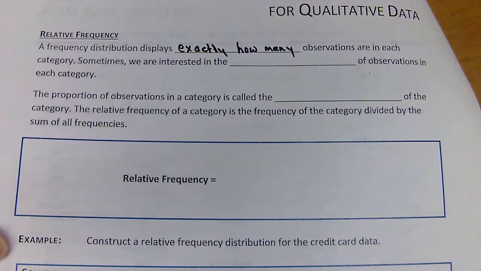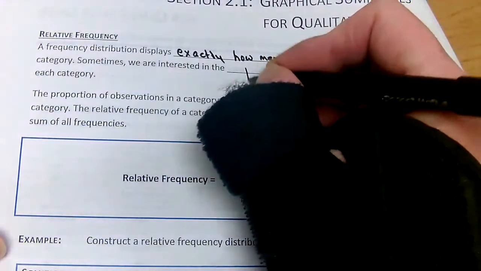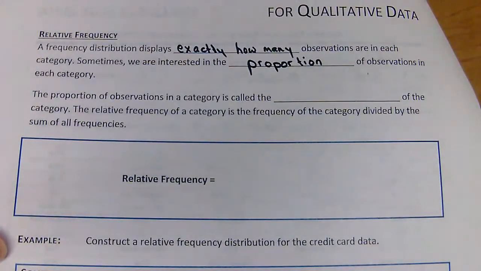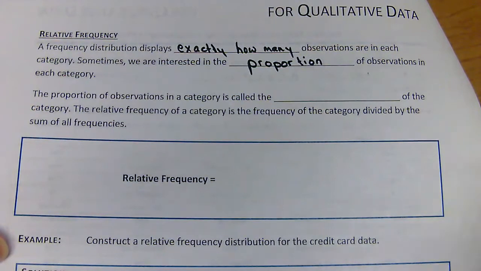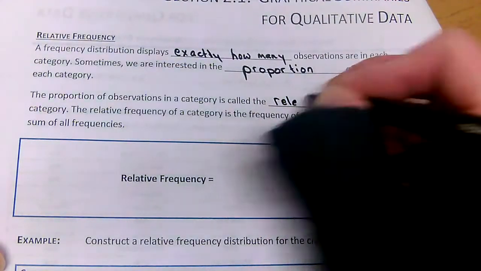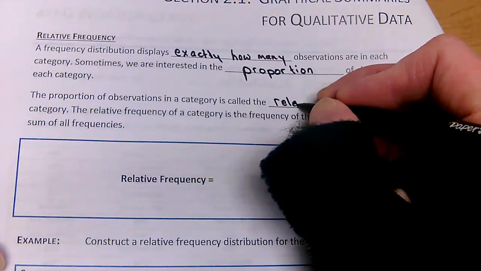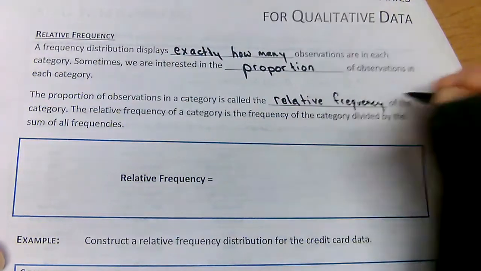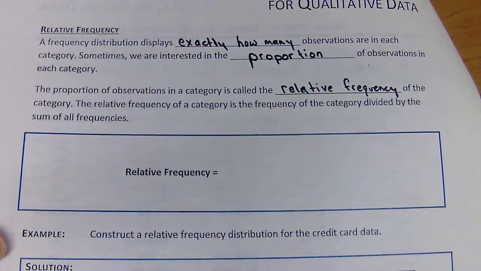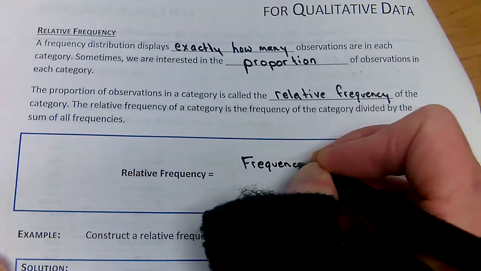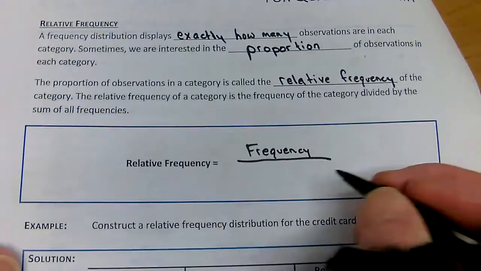But sometimes we are interested in the proportion instead, or the percentage. The proportion of observations in a category is called the relative frequency. And that's just found by taking the frequency of the category divided by the sum of all the frequencies.